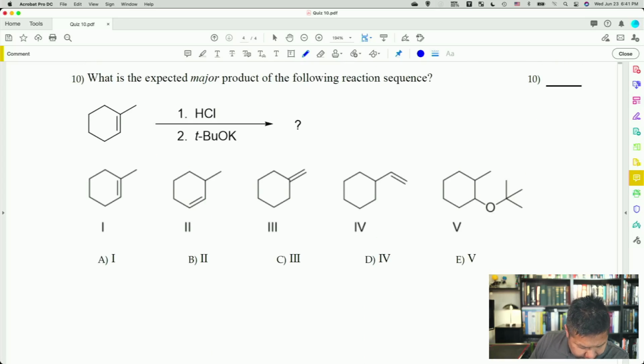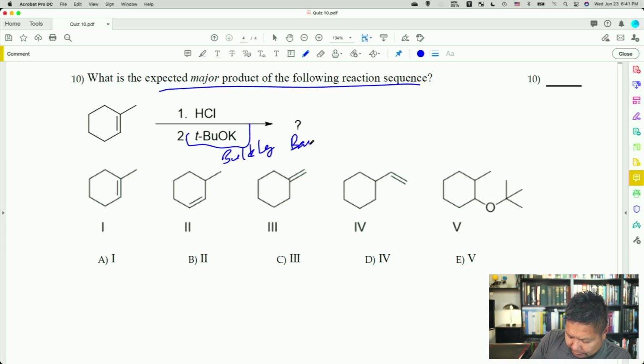And then the last question, what is the expected major product for the following reaction? The first thing to notice is that we have a tert-butoxide here, which is a bulky base. Which means it's only going to want to deprotonate off of the least substituted carbon, leaving you with a double bond at the very end, also known as the Hofmann product, right?